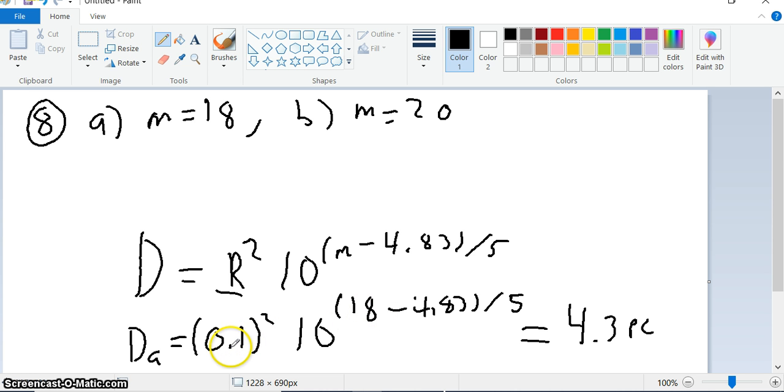And so you multiply that 430 times 0.1 squared, and you get that this brown dwarf could be 4.3 parsecs away, for a telescope that can only see stuff down to about a positive 18th magnitude. All right, let's do the last one.